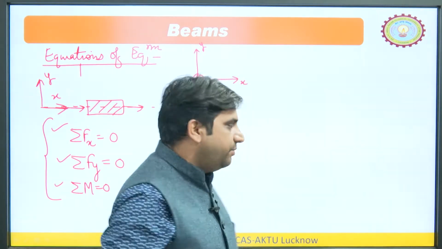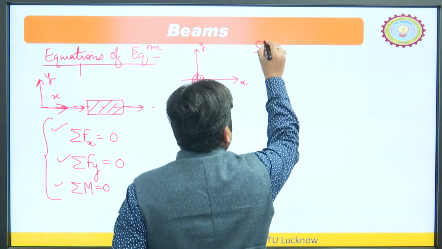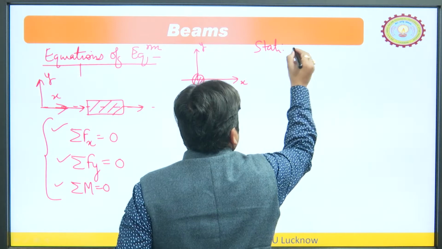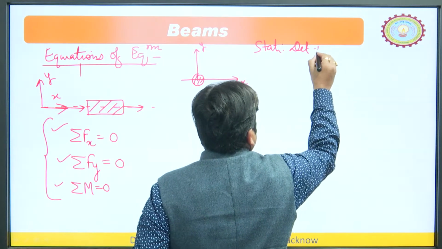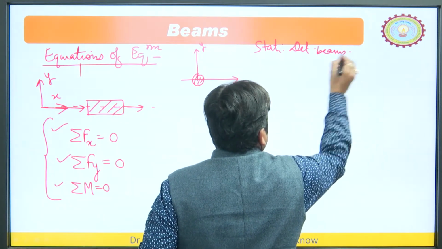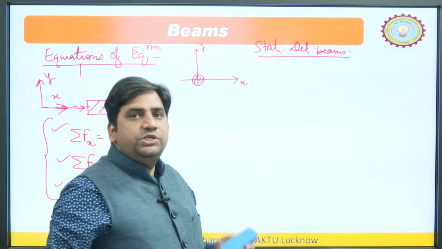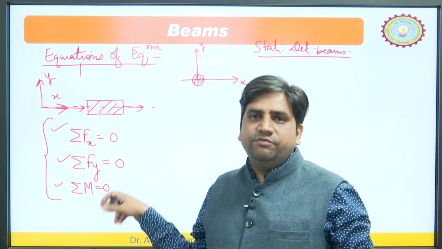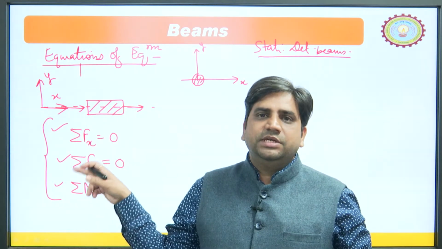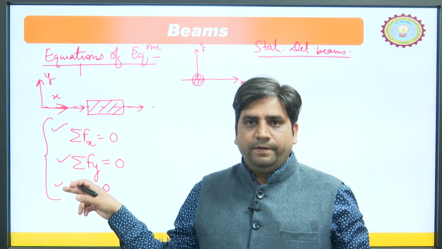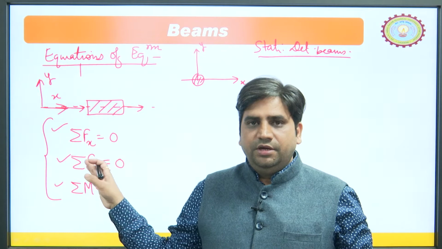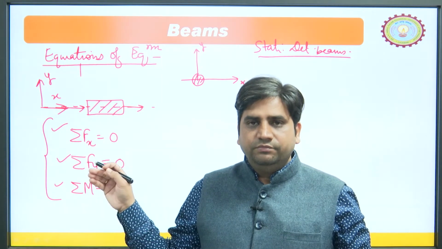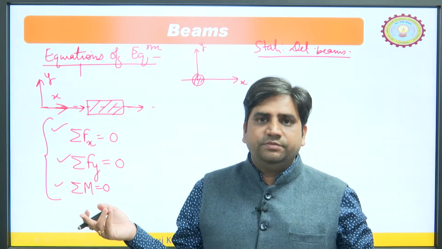Statically determinate beams means any beam which can be solved by using these three equations of equilibrium is known as a statically determinate beam. How many equations do we have? 3. So we can solve for a maximum of 3 variables.